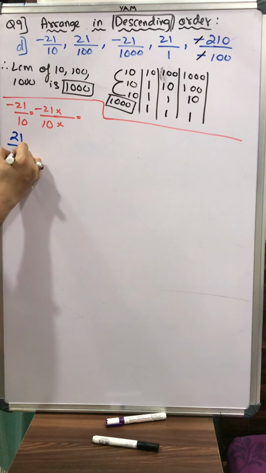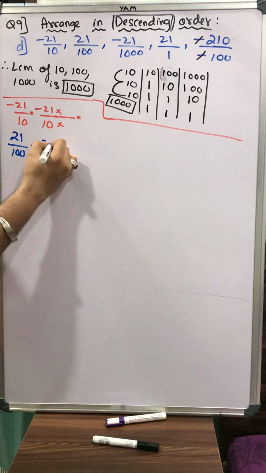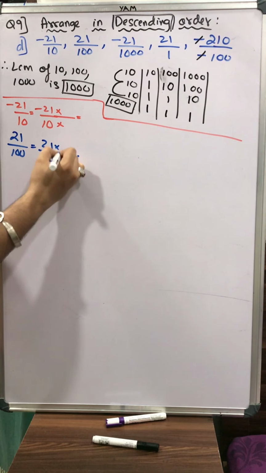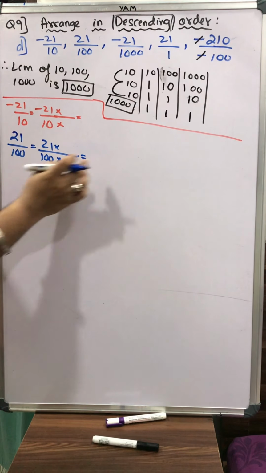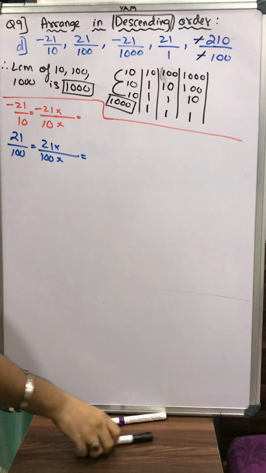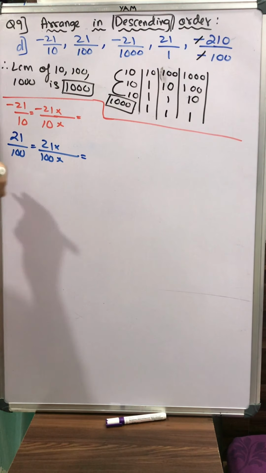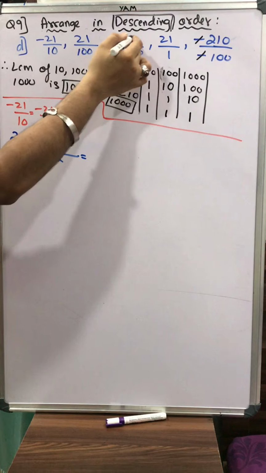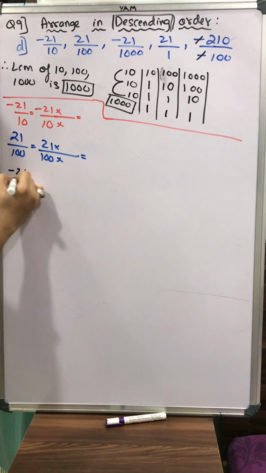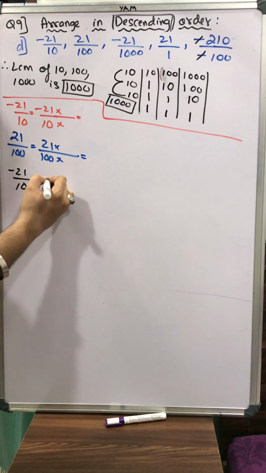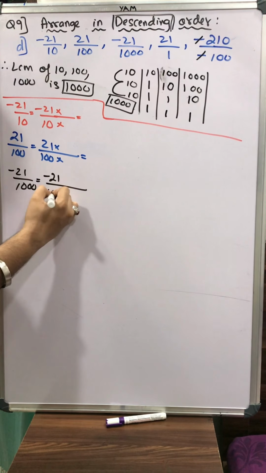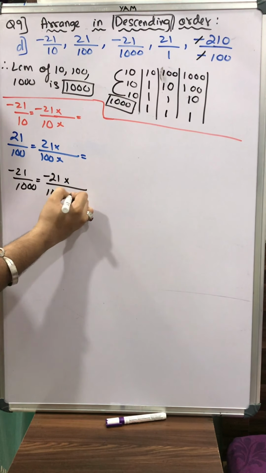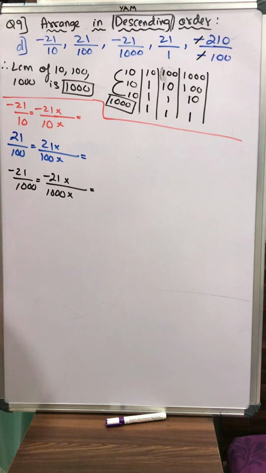So 21 upon 100 multiply is equal to. Next I have minus 21 upon 1000. Minus 21 upon 1000 multiply is equal to.